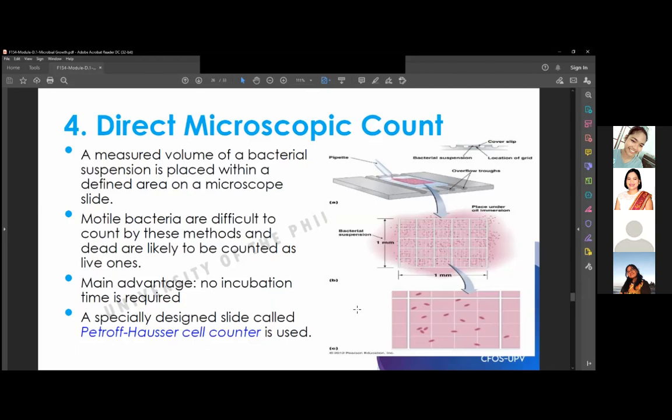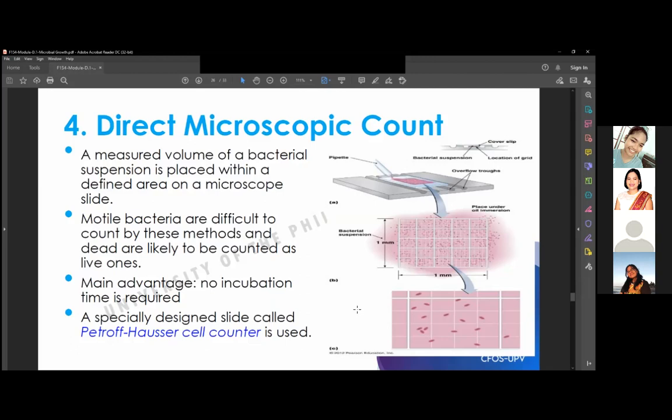Okay, that could be one. Another is, ilagay mo siya sa ref para ma-immobile. Okay, we usually do that if we are counting mga algae or microscopic algae. Ayan, medyo makukulit din sila, so we also do that.